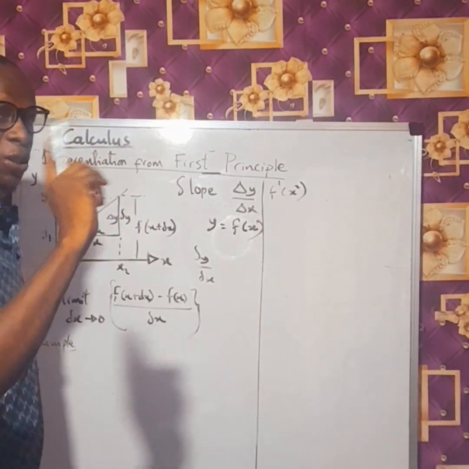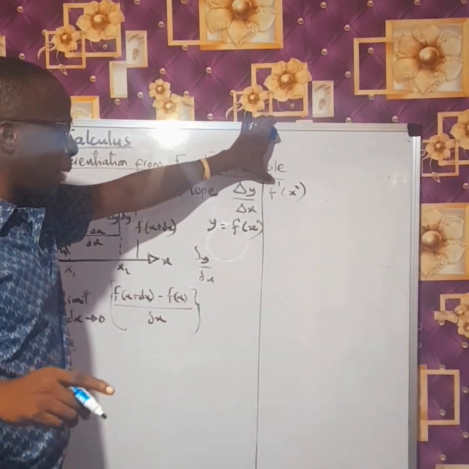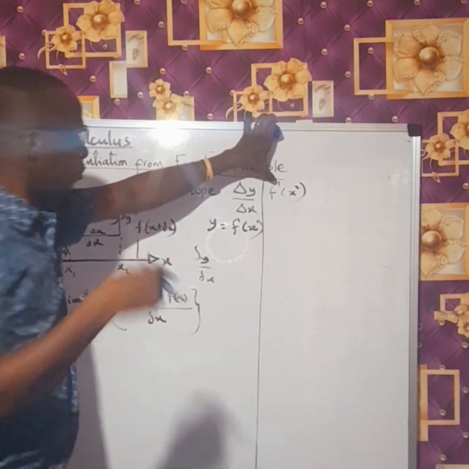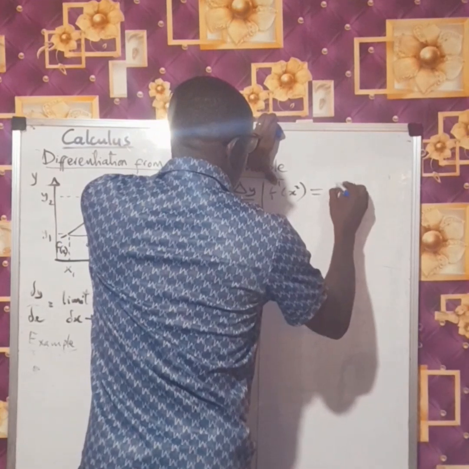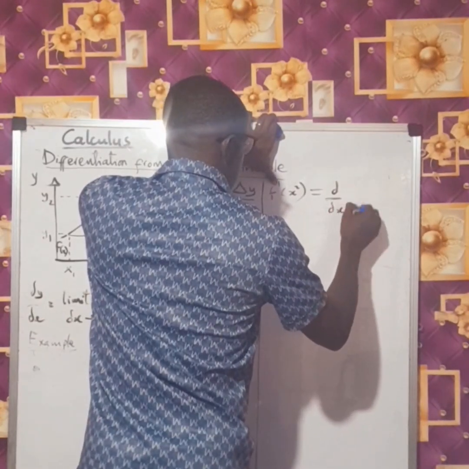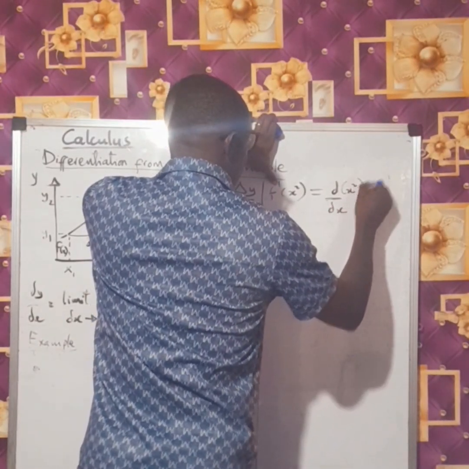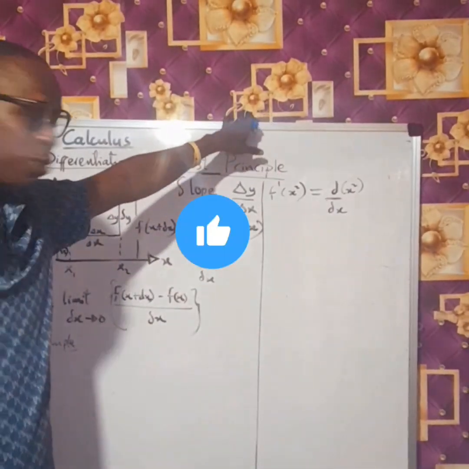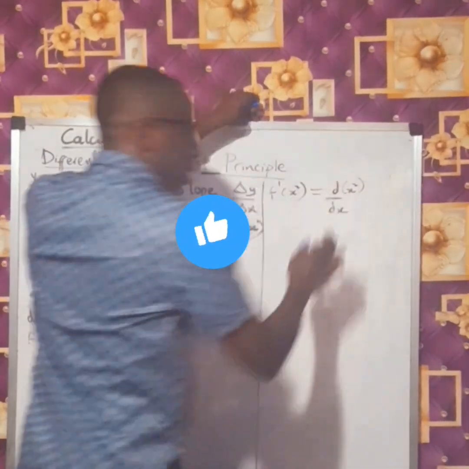In the previous class I told you about having this sign, d over dx of x squared. That means I'm differentiating from first principle this value, x squared.